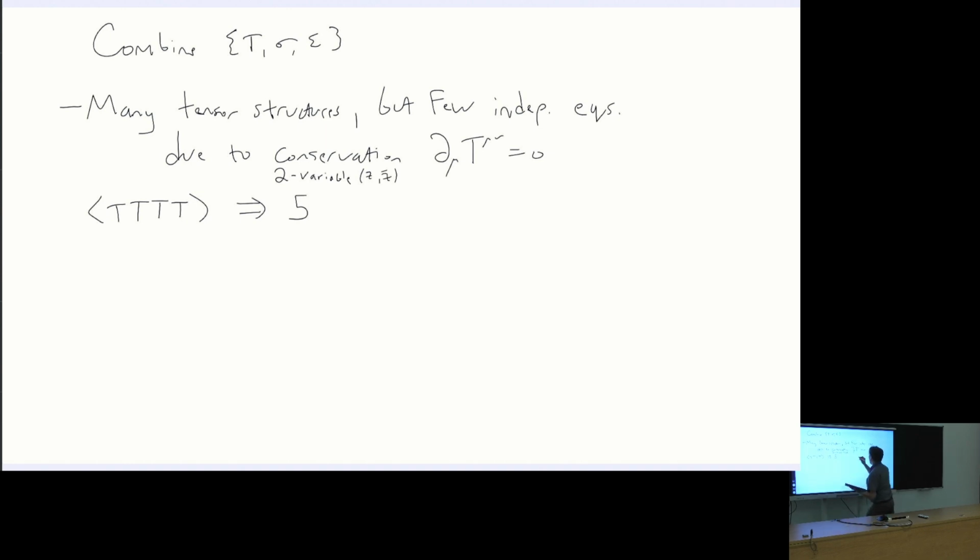In addition to that, there are 9 independent 1-variable crossing relations, defined along the z equals z bar line, and then there are 4 constant conditions that you have to impose at the point z equals z bar equals 1/2.